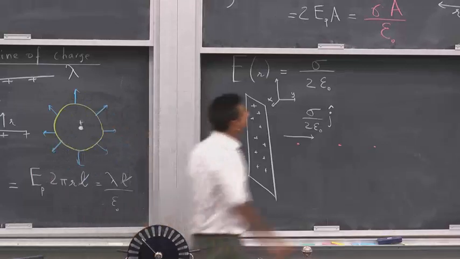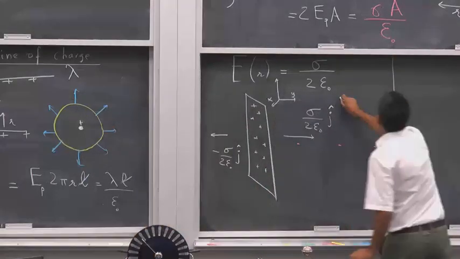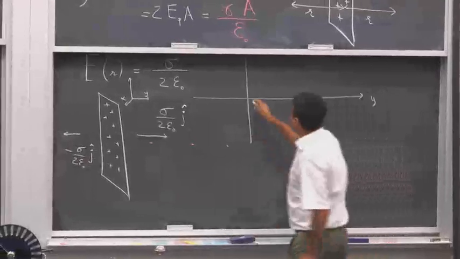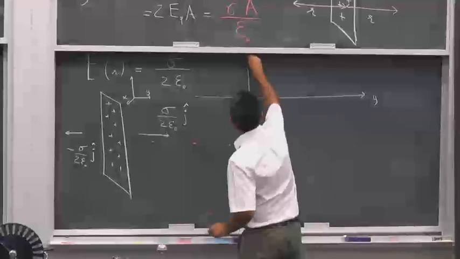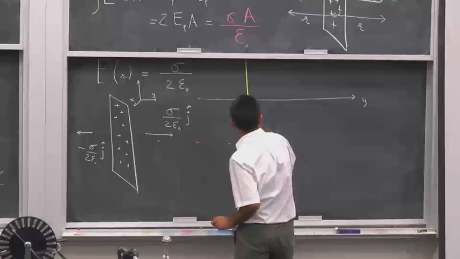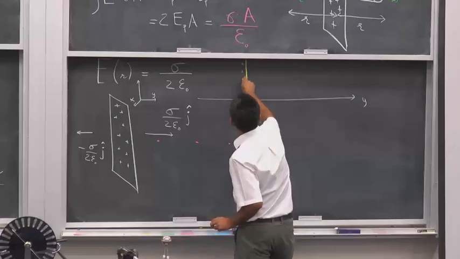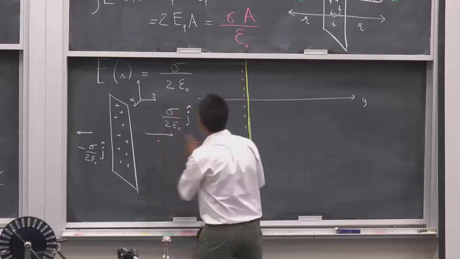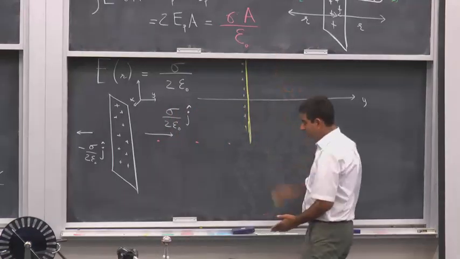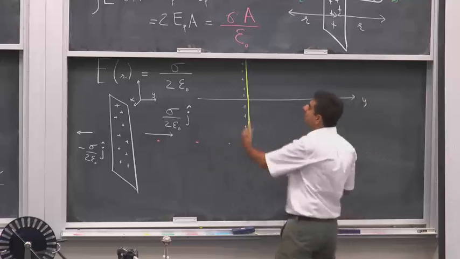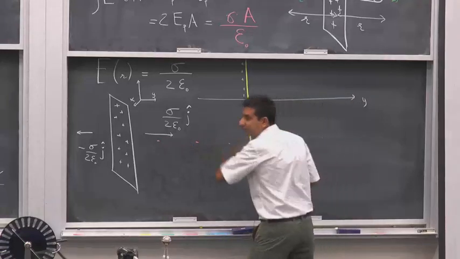So another conceptual way of drawing this situation is that if this is the plane of the charge sheet, right? So I'm now looking at the sheet sideways. So this is the infinite sheet, and if I were to draw a graph of the electric field, towards the right the electric field is positive.